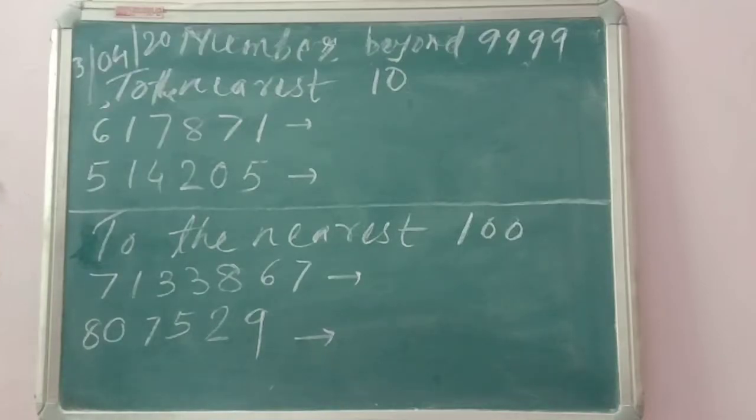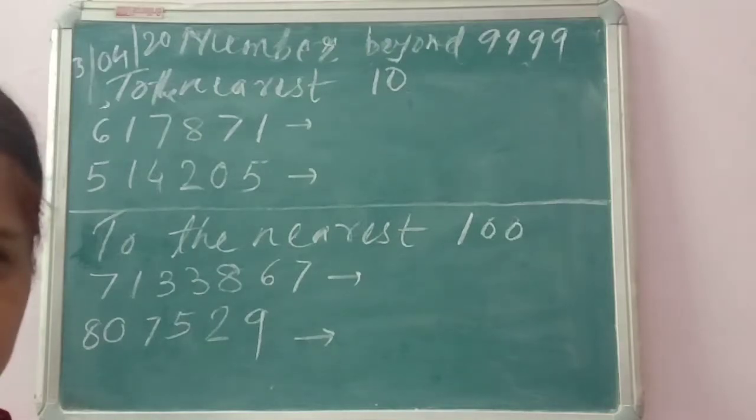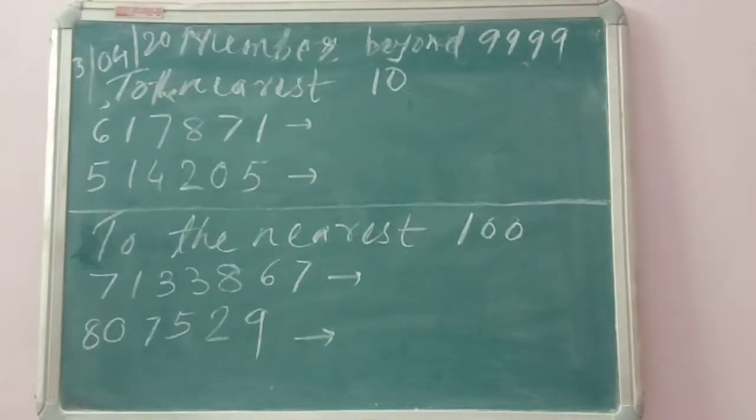That is the rounding of the numbers. Where do we need this rounding of the numbers? Suppose somewhere, for example, painting of the house, isn't it? Or some big expenditures are there where we need some estimate value, that is approximation.